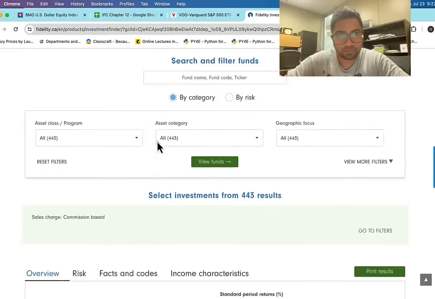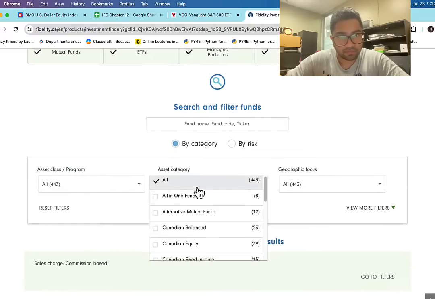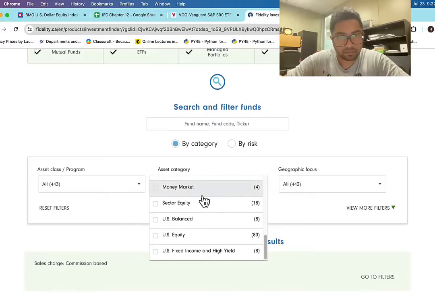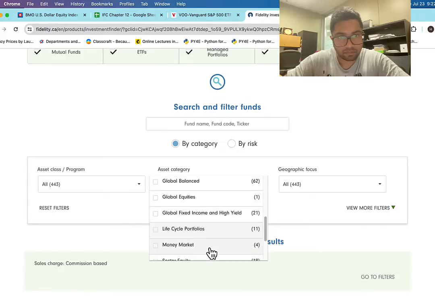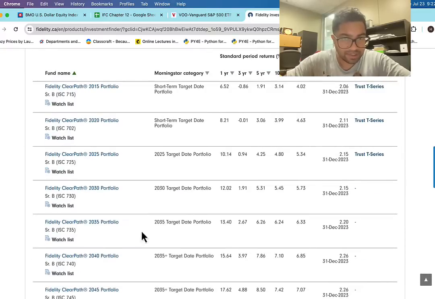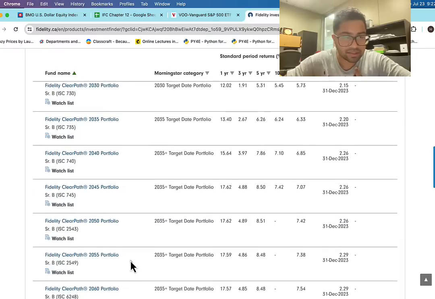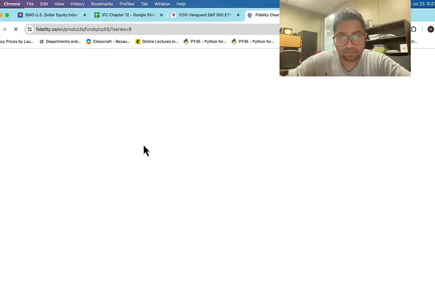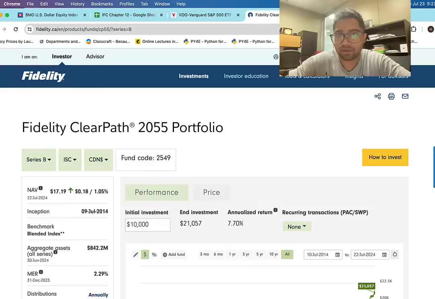Life cycle portfolios, that is what they are called. Okay, so dates are mentioned. Let's look at, let's say, 30 years from now. This is 2024. 2024 plus 30 years is 2055 almost, right? So this is a fund that will mature in 2055.